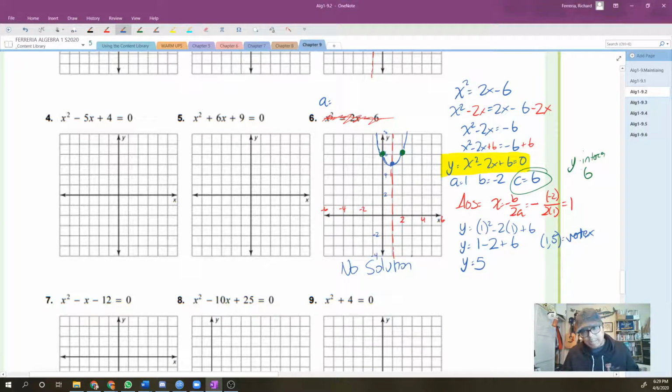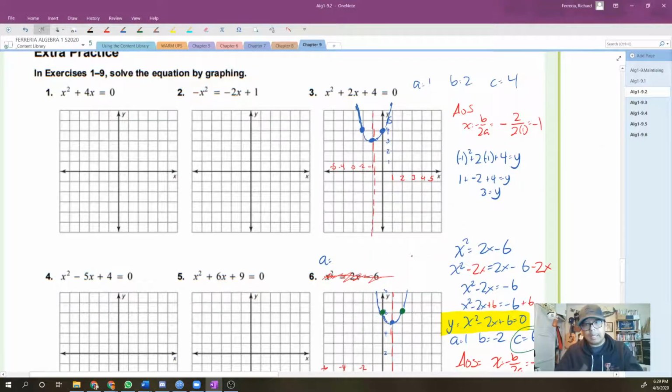Let's go back to number 3 and see if we can figure out the solutions. I don't know if I'm lucky or if I'm just picking these in some kind of a pattern here, but this really doesn't look like it has a solution either. No solution. Which means we really should probably find a parabola that does have a solution.